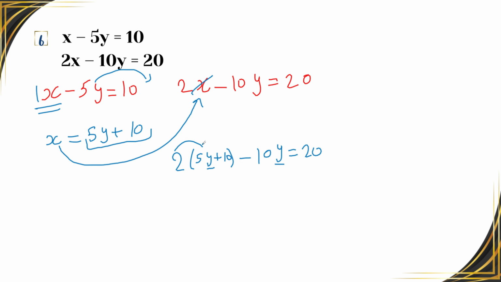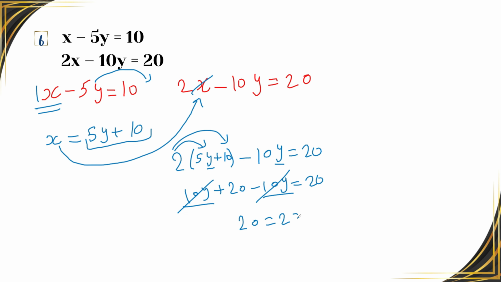It will be 10y plus 2 times 10, which is 20, minus 10y equals 20. Combine like terms, 10y minus 10y will be 0, then 20 equals 20. This is the second special case we mentioned at the beginning of this video.